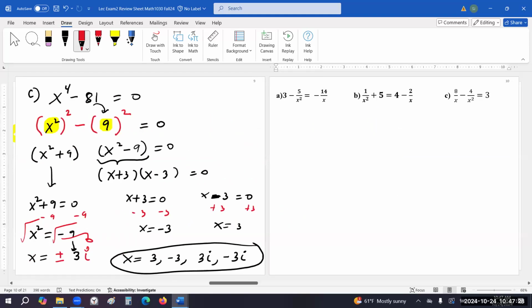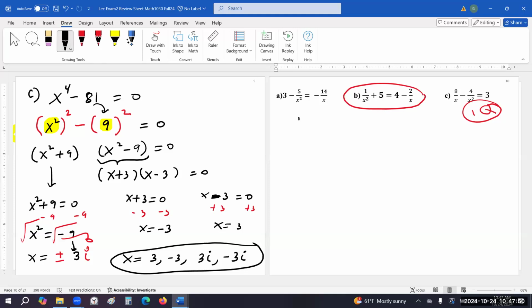Any question from anyone about the 4th degree polynomial? No. The next question from here. Which one do you want me to do? Yeah, the middle one. I think we didn't do that in class. So it's a good one.